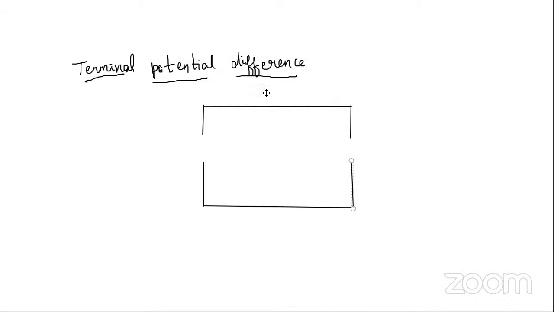Consider that you have a circuit like this. In the circuit you have an external resistance, that is capital R, and you have a cell here.